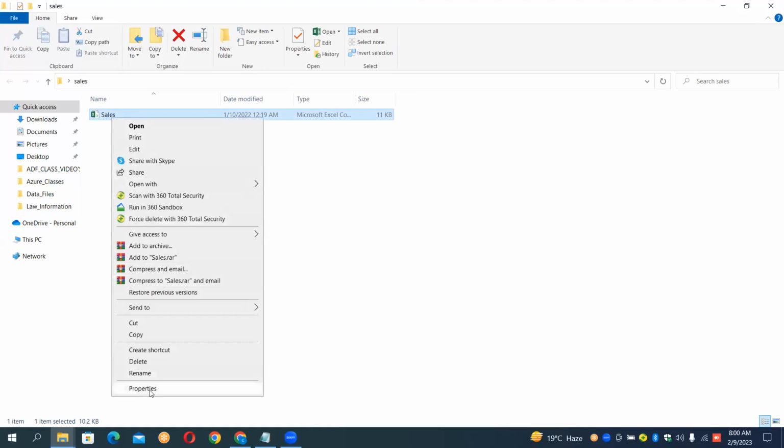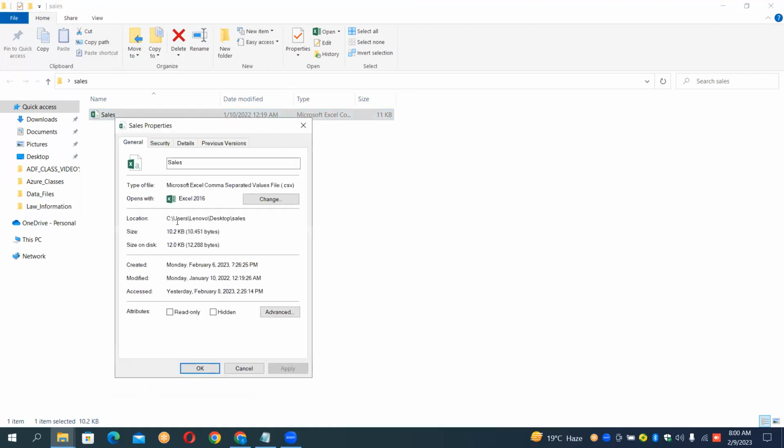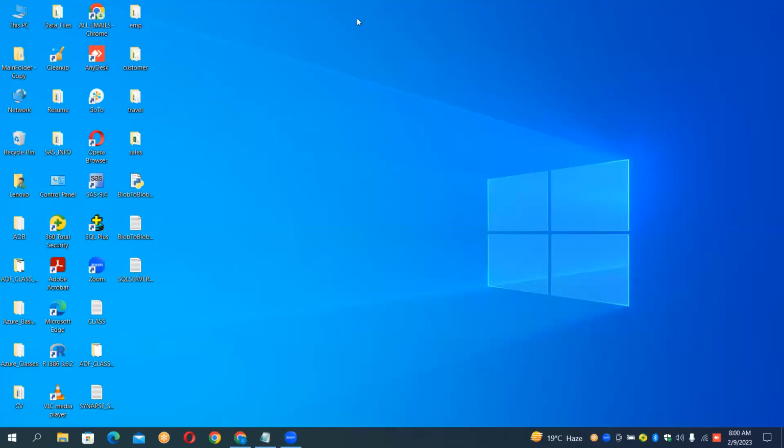Go to the properties and see. This is available physically in my computer, in the user settings, Lenovo desktop, with the name sales, and the type of file is Excel 2016. So is this a local file or data on the cloud? It is a local file.